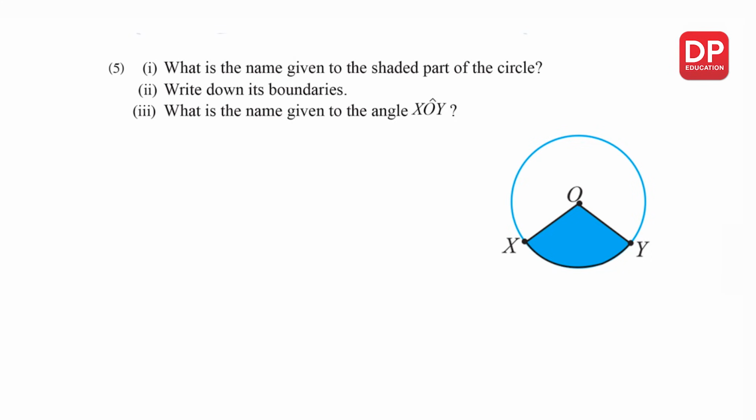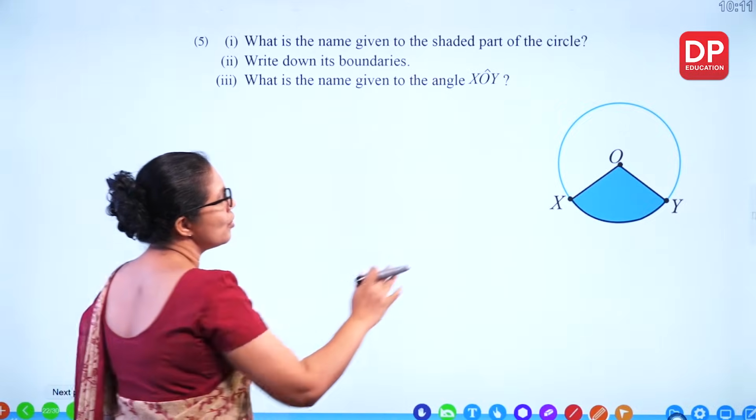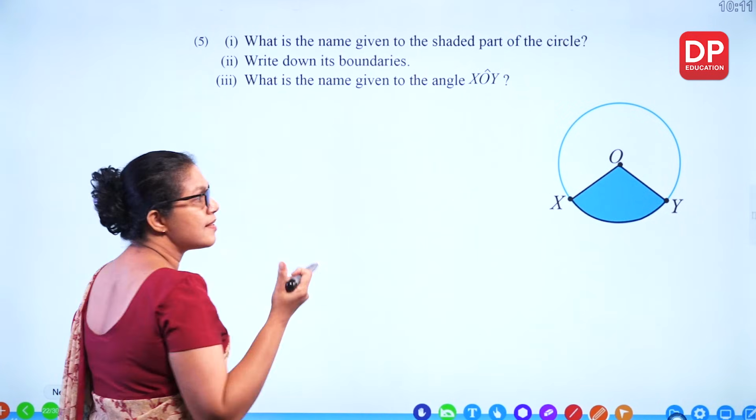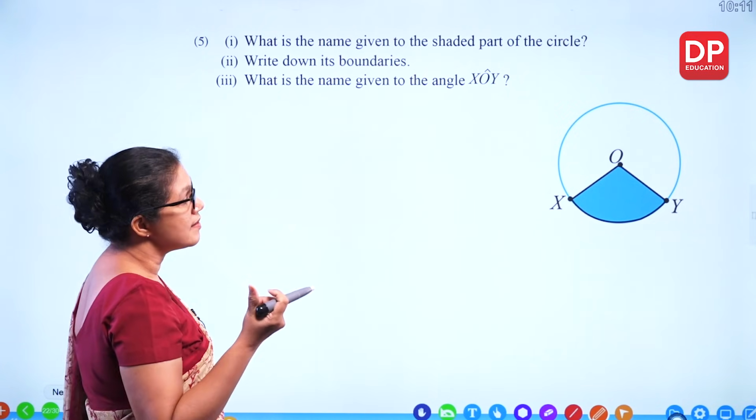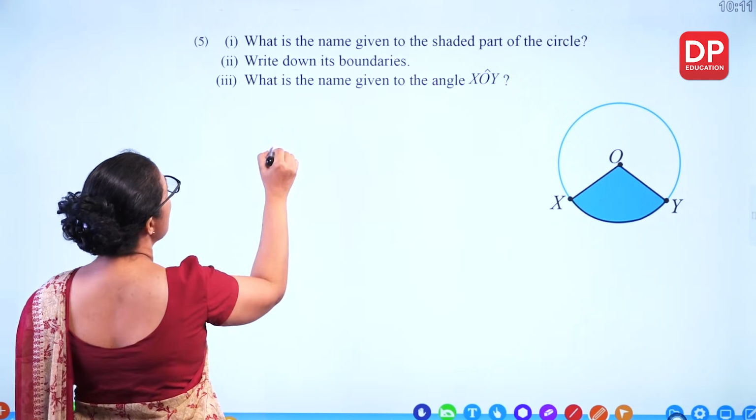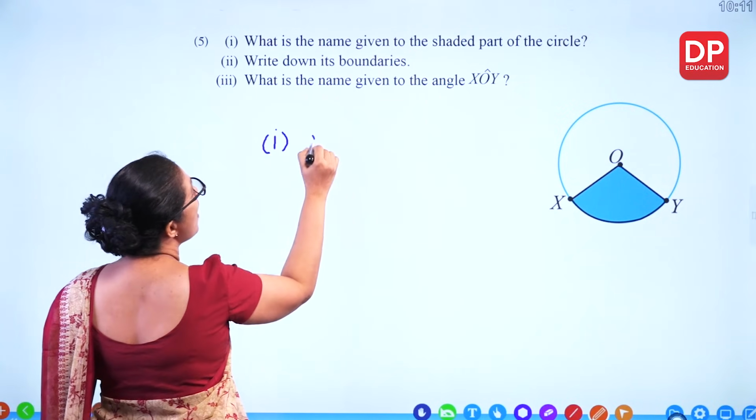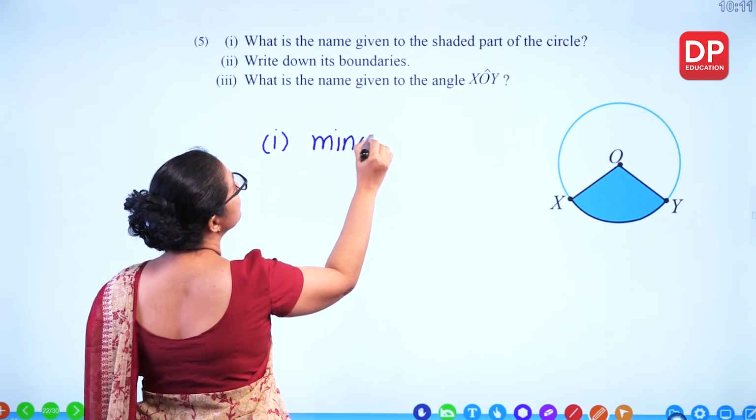What is the name given to the shaded part of the circle? This is a sector, but it's the smallest one, so we can say that's the minor sector.